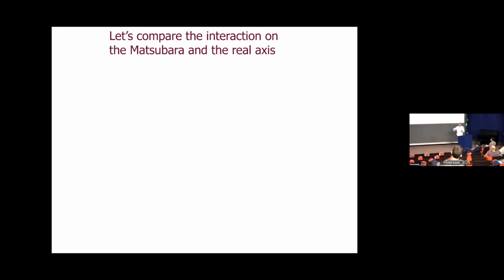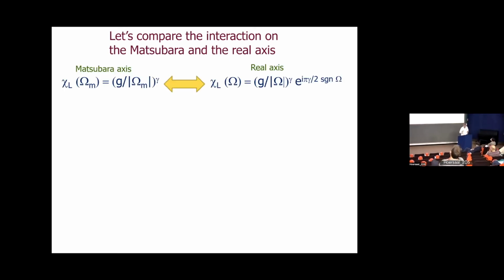I assume this. I already projected my interaction onto an attractive channel, which means that on the Matsubara axis, the interaction is attractive and it's real. So when I put a positive sign for the interaction, it means attraction. That's just a convention of sign.